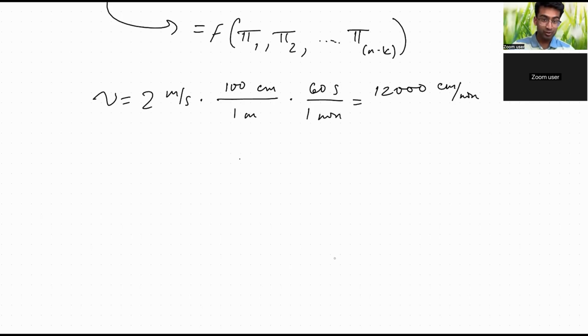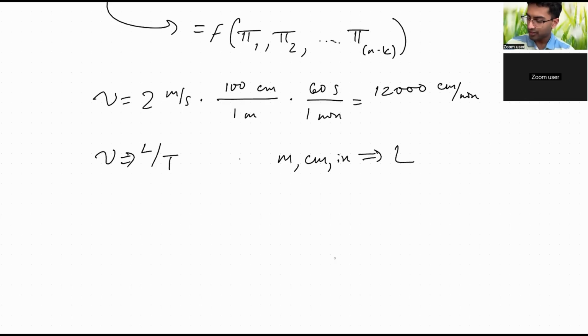Now, of course, it's not about unit conversions, but the point is there are different ways to describe velocity. But in general, velocity is some length per some time. So this is what we call fundamental dimensions. So stuff like meters, centimeters, inches, these are units of length.